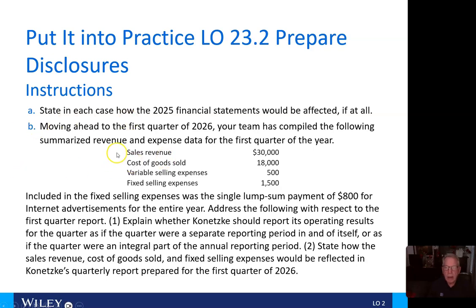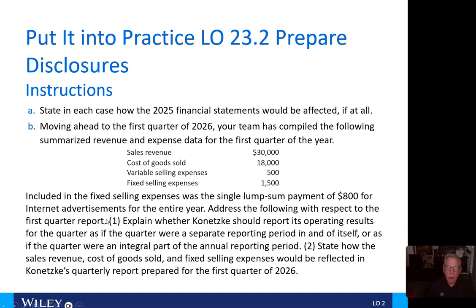And you can see we have sales revenue, cost of goods sold, variable and fixed selling expenses. Included in that fixed selling expenses was a single lump sum payment of $800 for internet advertisements for the entire year. So they want you to address the following with respect to the first quarter report.